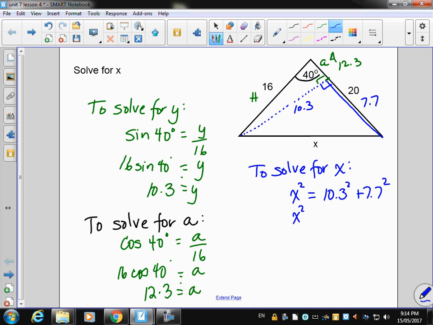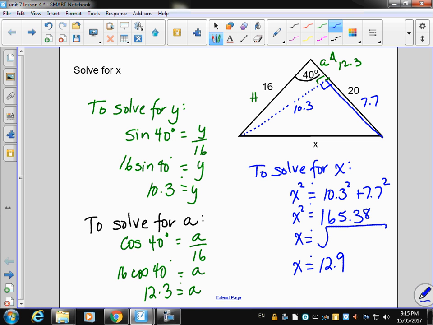X squared equals 10.3 squared plus 7.7 squared, which is 165.38. To find the length of x, I would take the square root. So that number is about 12.9. That took a fair bit of work.